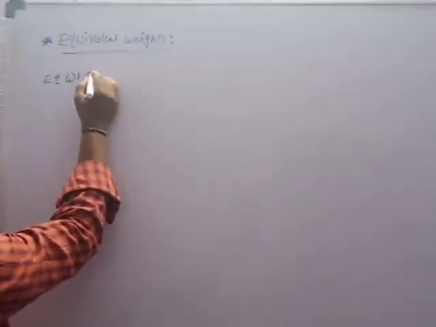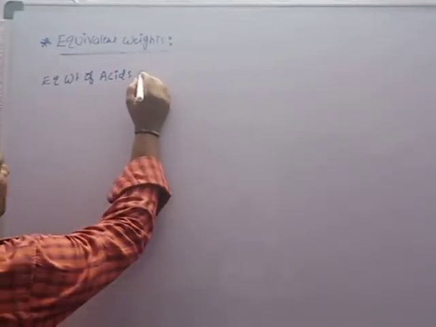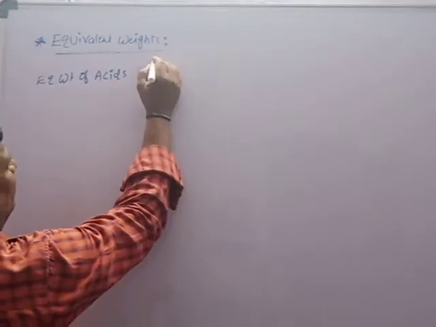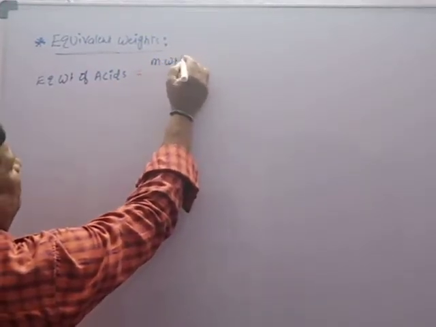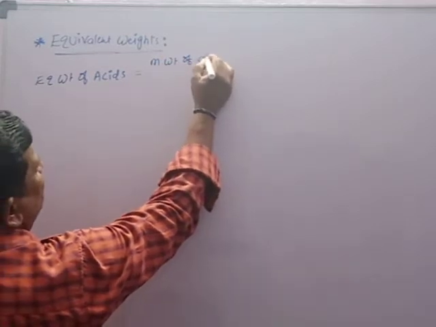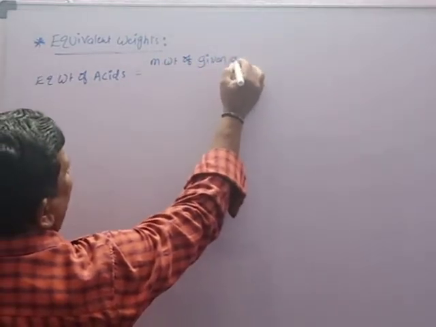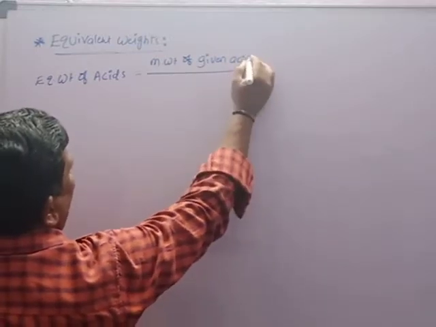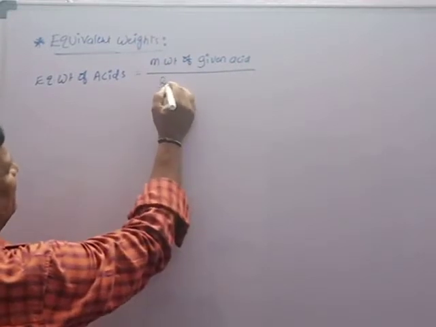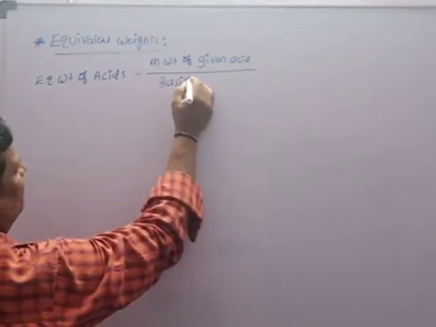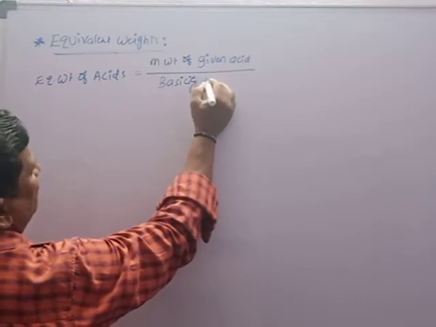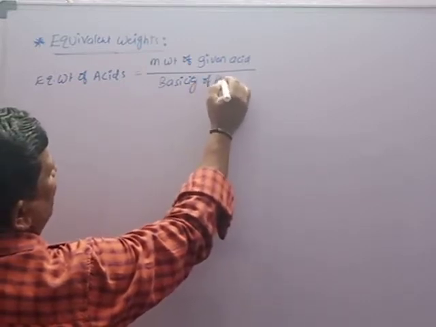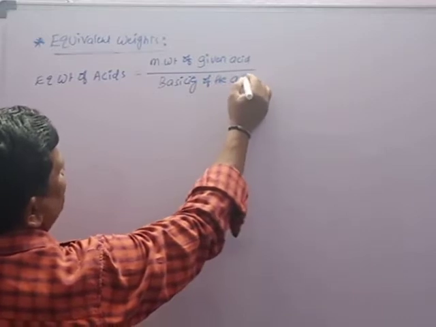Equivalent weight of acids. Any acids. The equivalent weight of an acid is equal to the molecular weight of the given acid divided by the basicity of the acid.